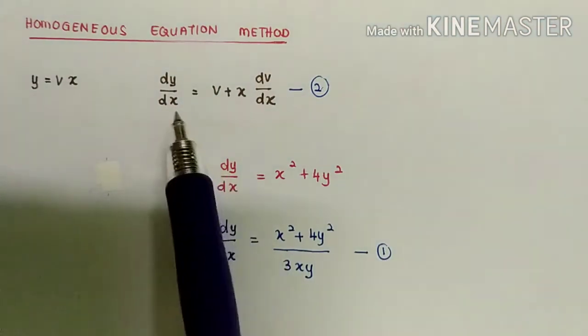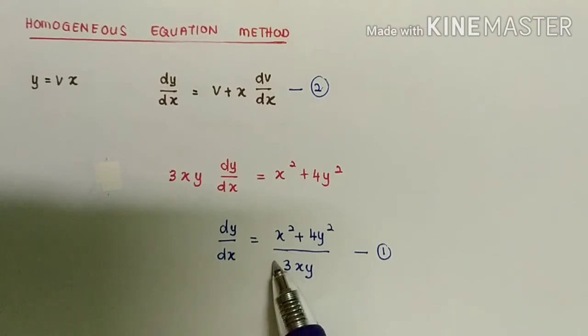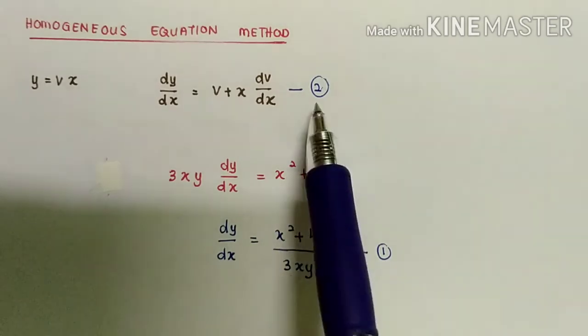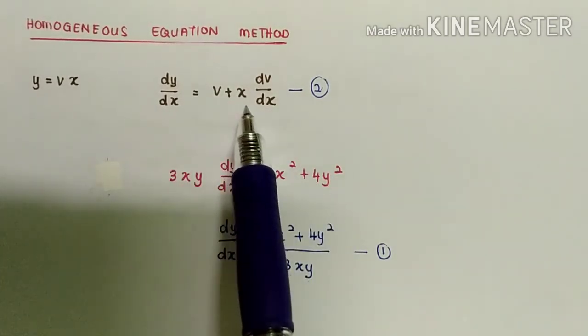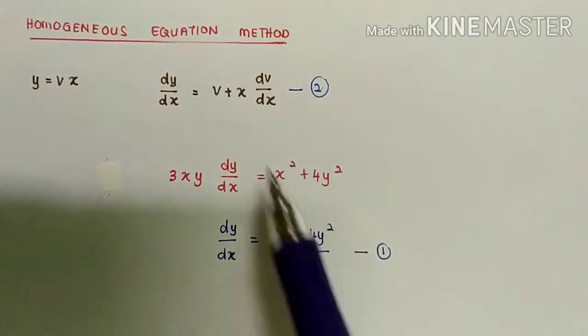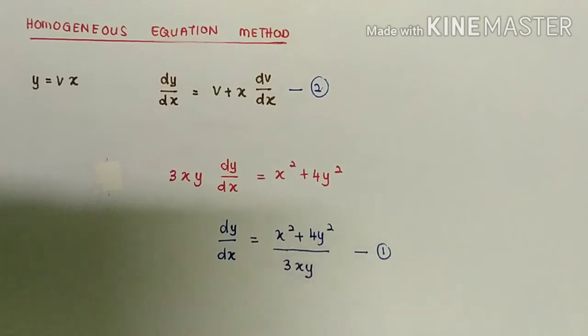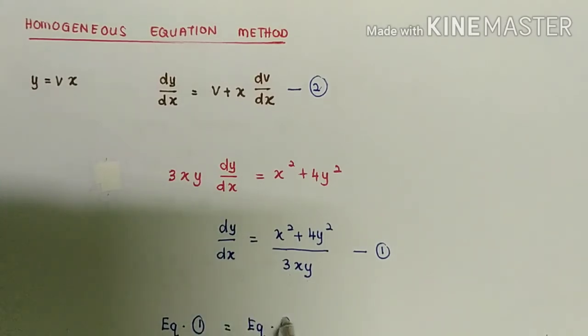If we look at both equations, we have dy/dx equals x squared plus 4y squared over 3xy, and the second equation is dy/dx equals v plus x dv/dx. So we can equate both equations, equation 1 equals equation 2.